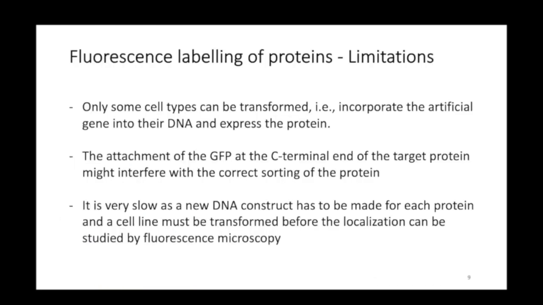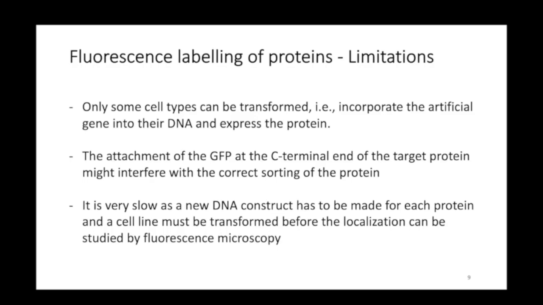Beautiful work, in my opinion. However, it has its limitations. Only some cell types can be transformed, that is, incorporate the artificial gene into their DNA and express the protein. The attachment of the GFP at the C-terminal end of the target protein might interfere with the correct sorting of the protein.